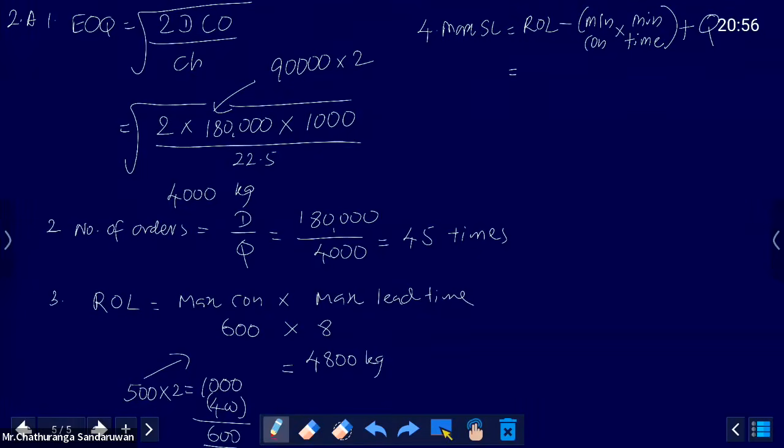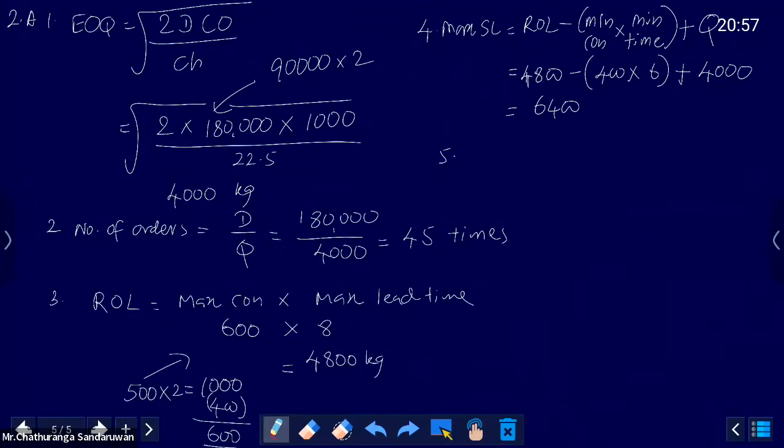Reorder level is 4,800 minus minimum consumption, which is given as 400 kgs, times minimum lead time of 6 days, plus order quantity of 4,000. So maximum stock level is 2,400, means 2,400. If I am not mistaken, 6,400.